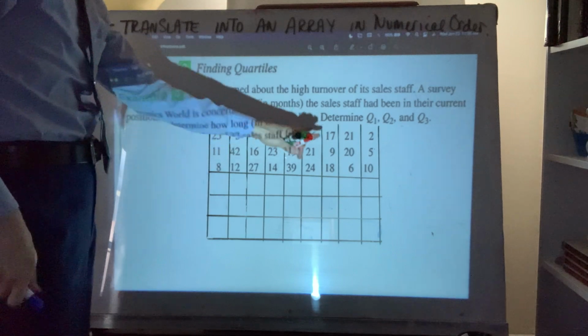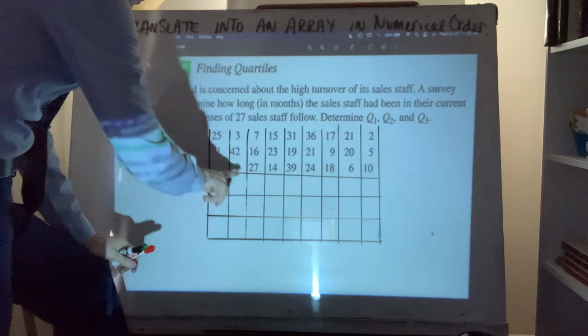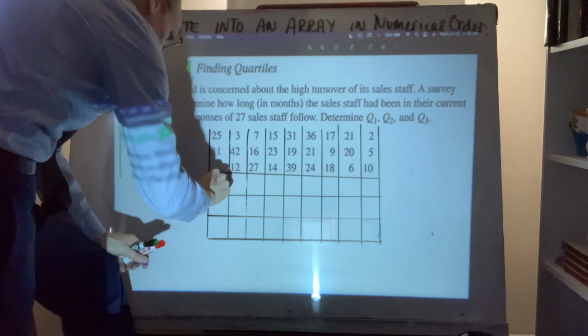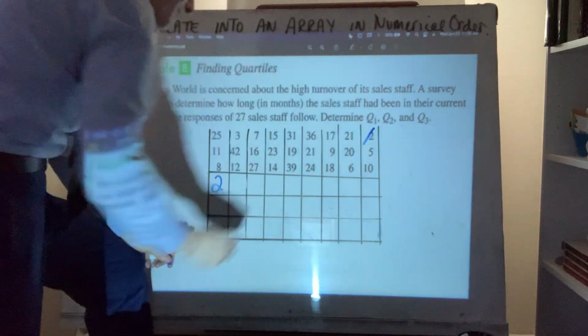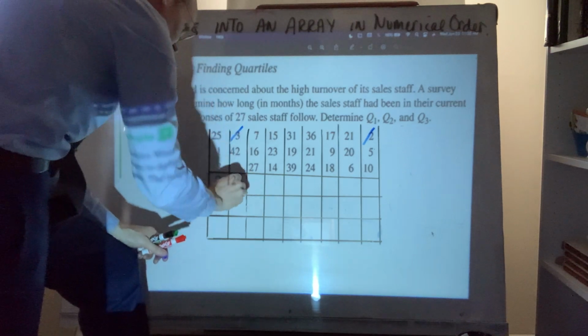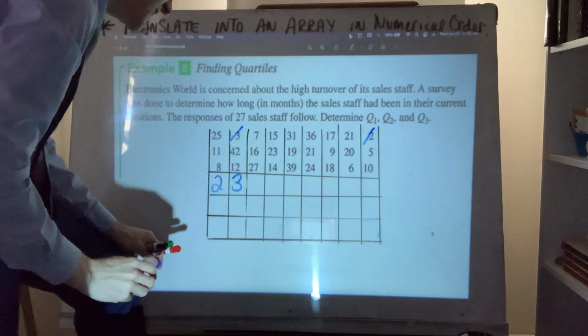It seems that the lowest figure is 2 months. So I'm going to put a 2 here and then cross it out. And then there's a 3 here, 3 months.